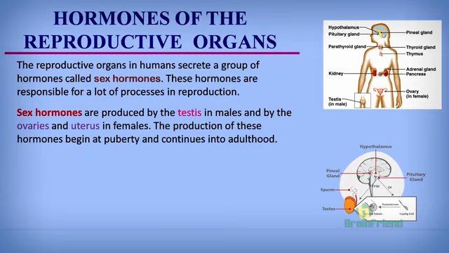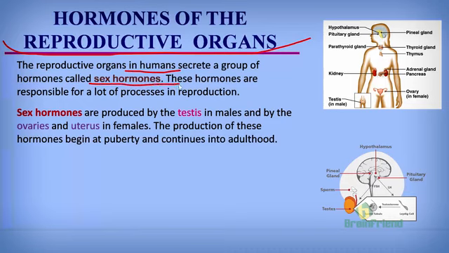The last group of hormones we shall be looking at in today's class are the hormones of the reproductive organs. The hormones of the reproductive organs are also very interesting. The reproductive organs in humans secrete a certain group of hormones that are regarded as sex hormones.